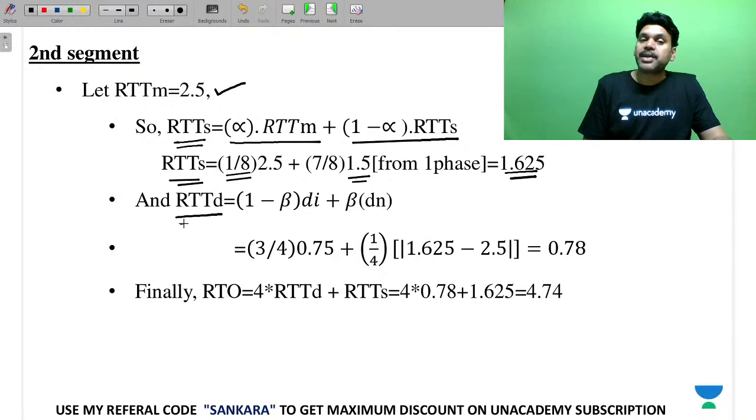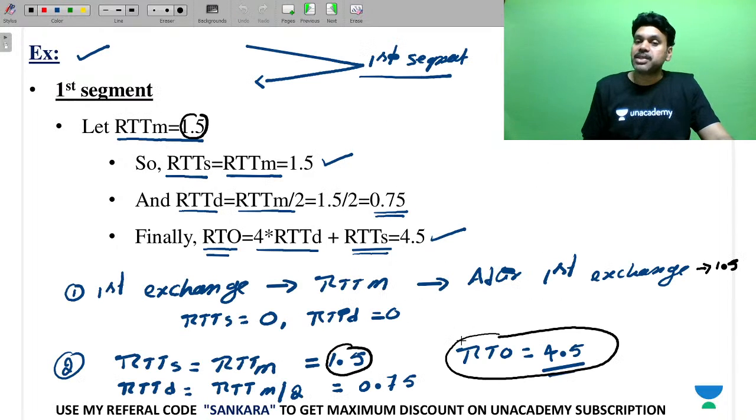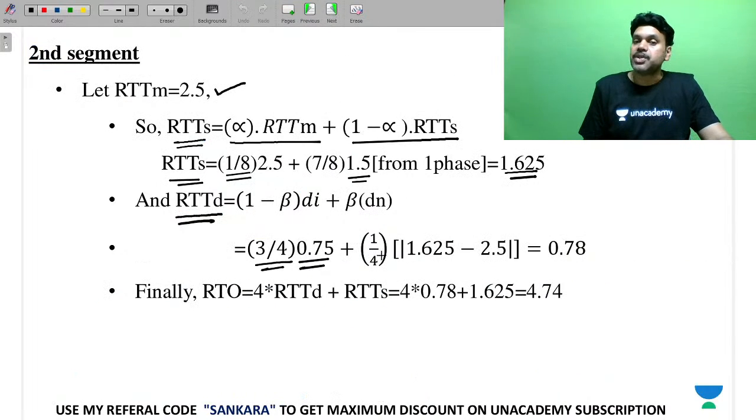And what about your RTTD? For the next exchange, your RTTD is nothing but 3/4 of your initial deviation, which is RTTM by 2, that is 0.75, plus 1/4 of your new deviation, that means RTTM minus RTTS.